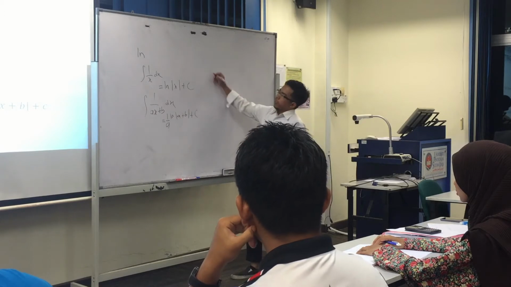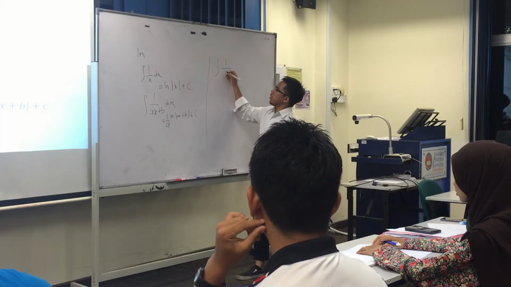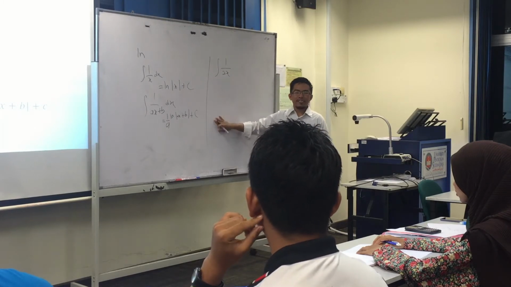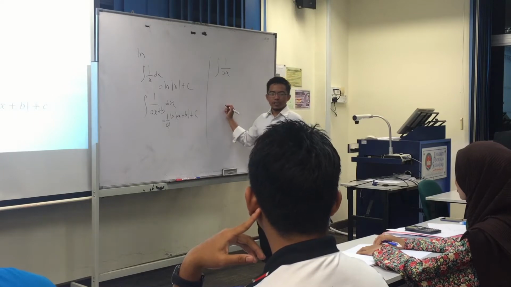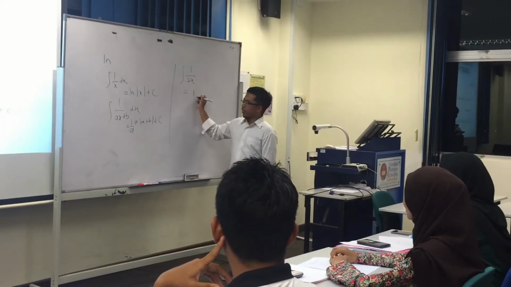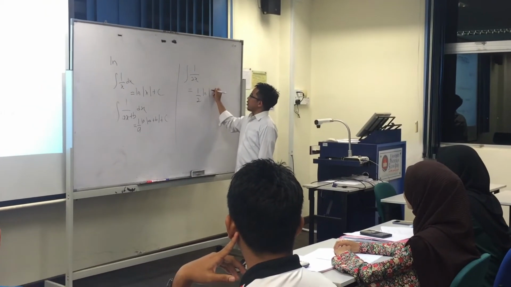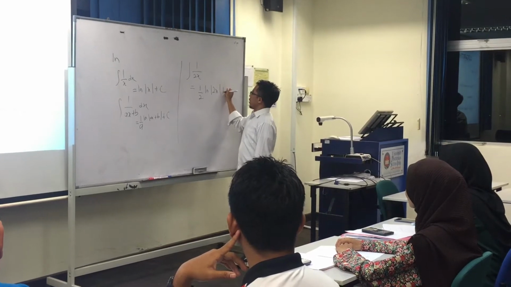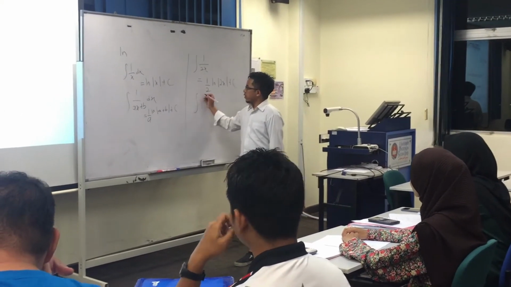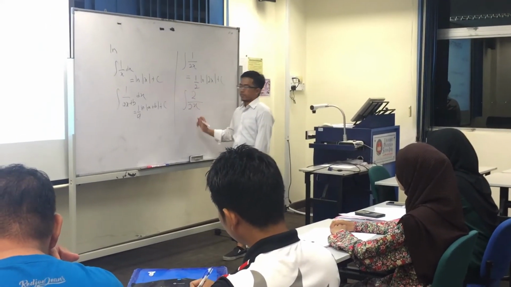Okay, what if I have 1 over 2x? What is the solution? The solution is 1 over 2 ln of 2x plus C. Okay, how about 2 over 2x?